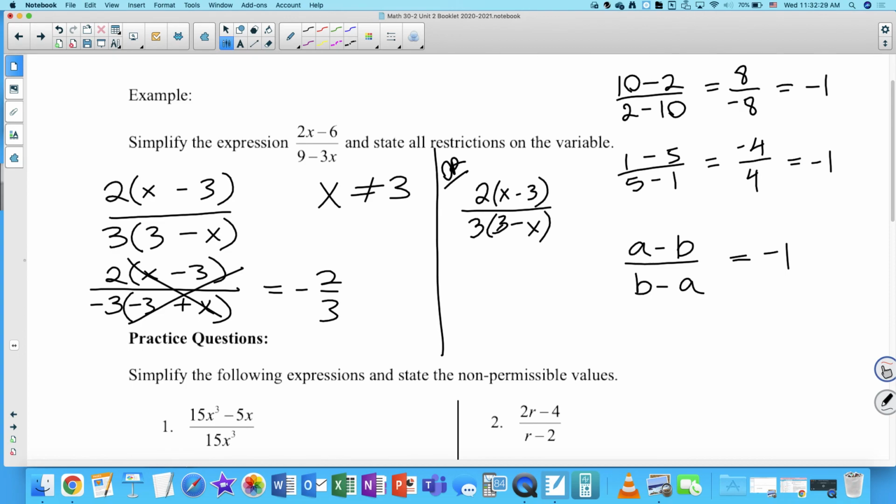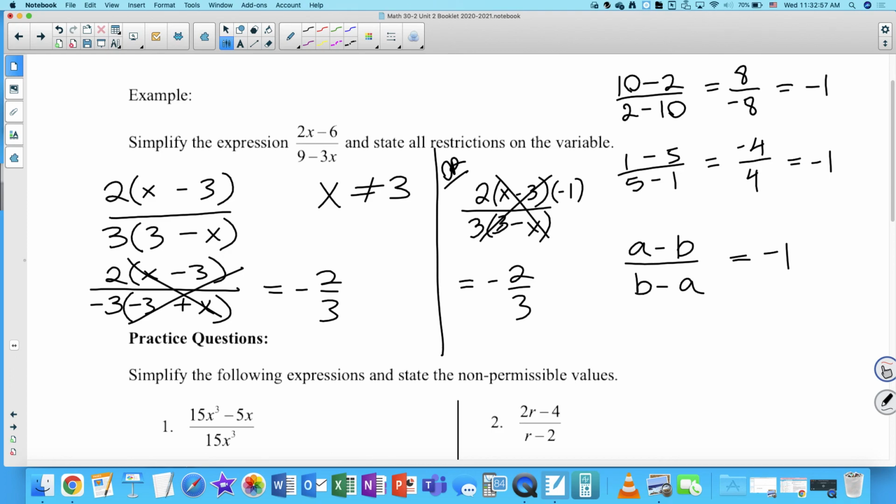You can cancel this as long as you multiply the whole thing by -1. Because something minus something over the reverse, a minus b over b minus a, will always equal -1. Okay, so altogether, -1 times 2/3 is -2/3.